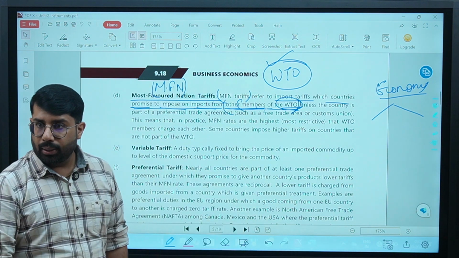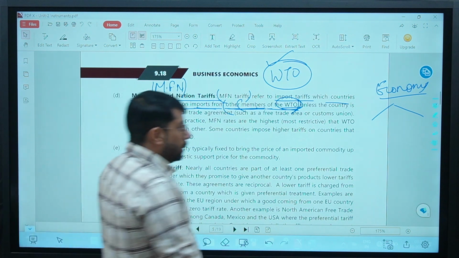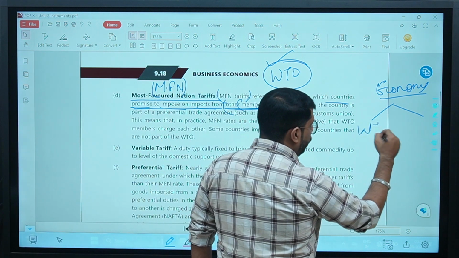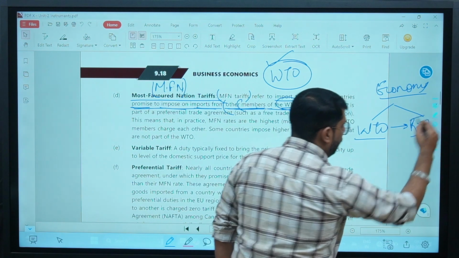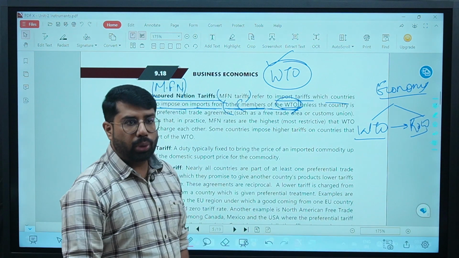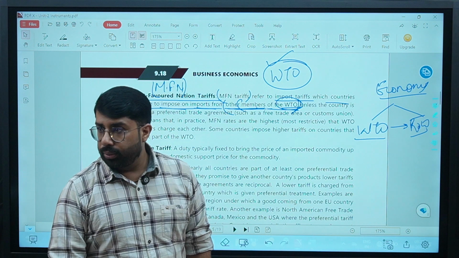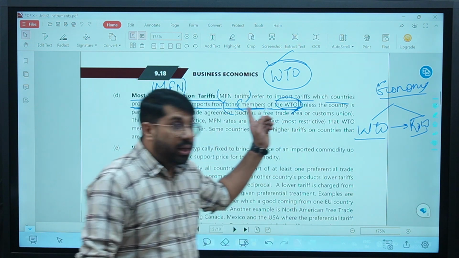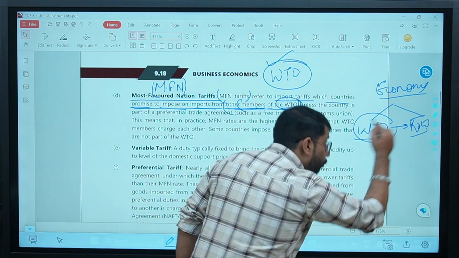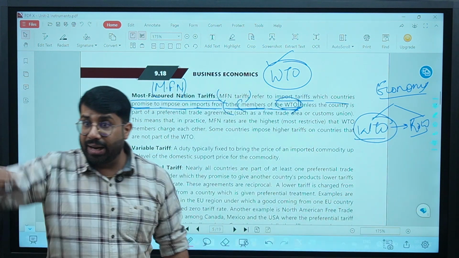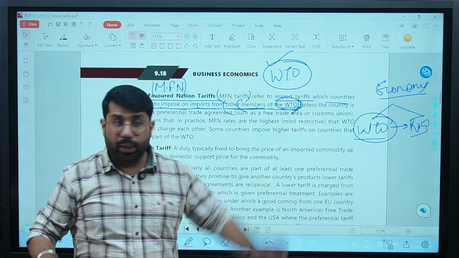Are you getting the point? One thing is that members of WTO are charging tariffs from the rest of the world, I mean the countries who are not members of the WTO. This is not the condition here. It is saying that this tariff works within WTO only.